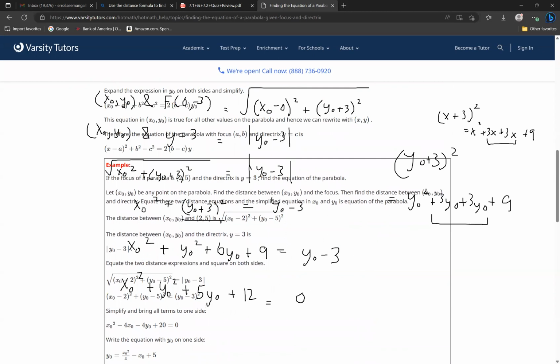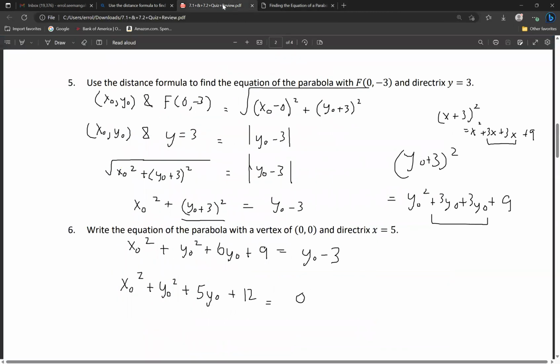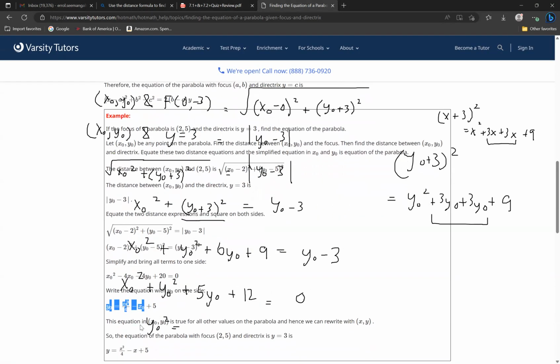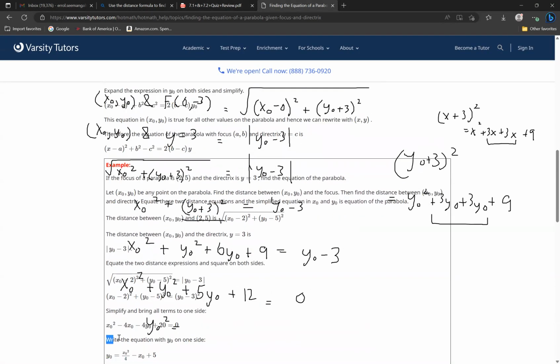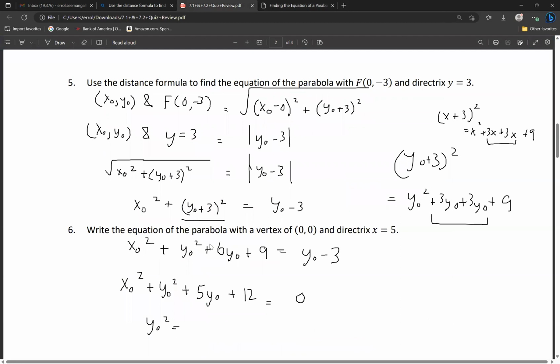Solve this for y0, and just make sure everything else is on the other side. That just means solve for y0.